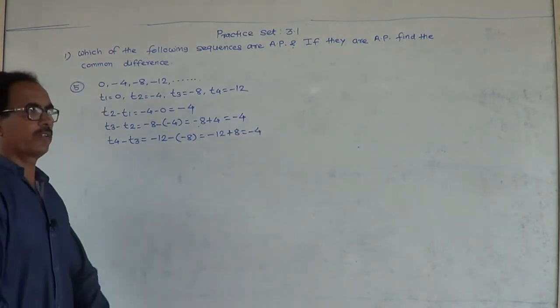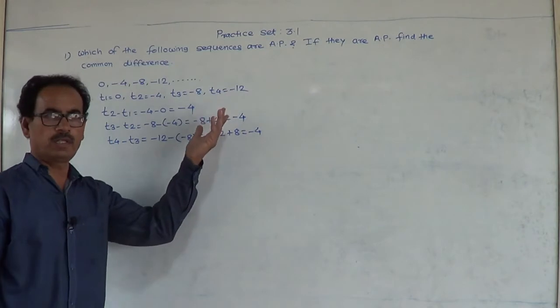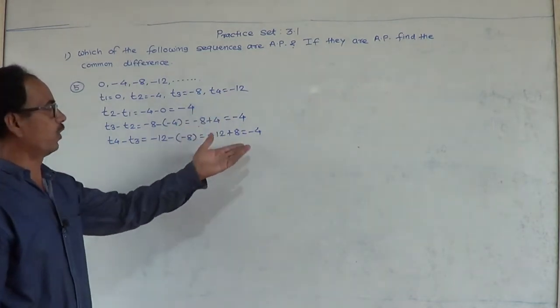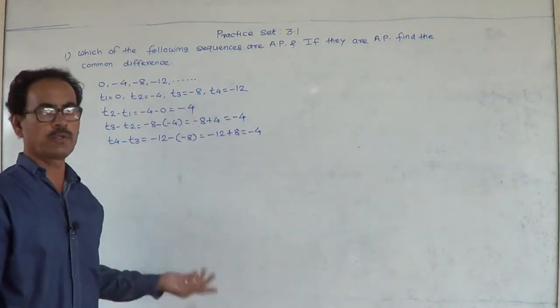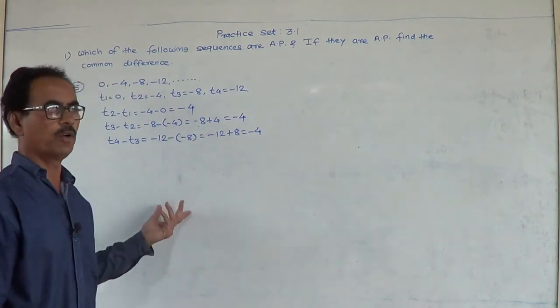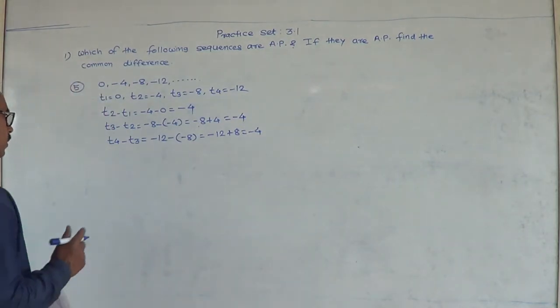Here clearly we can see that the difference between two consecutive terms is constant, and that is minus 4. So the given sequence is in AP and the value of D is minus 4.